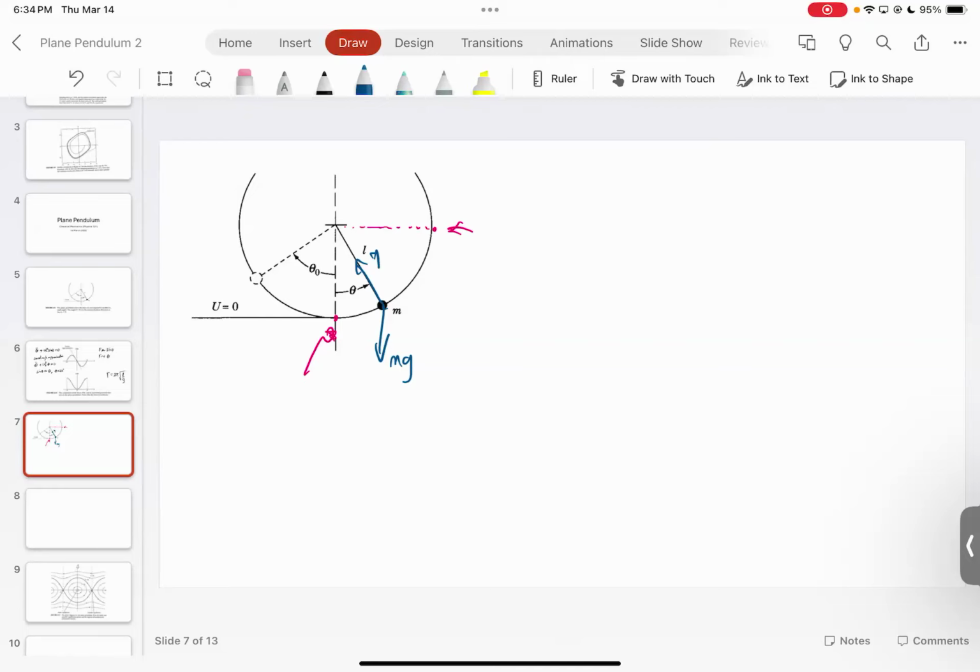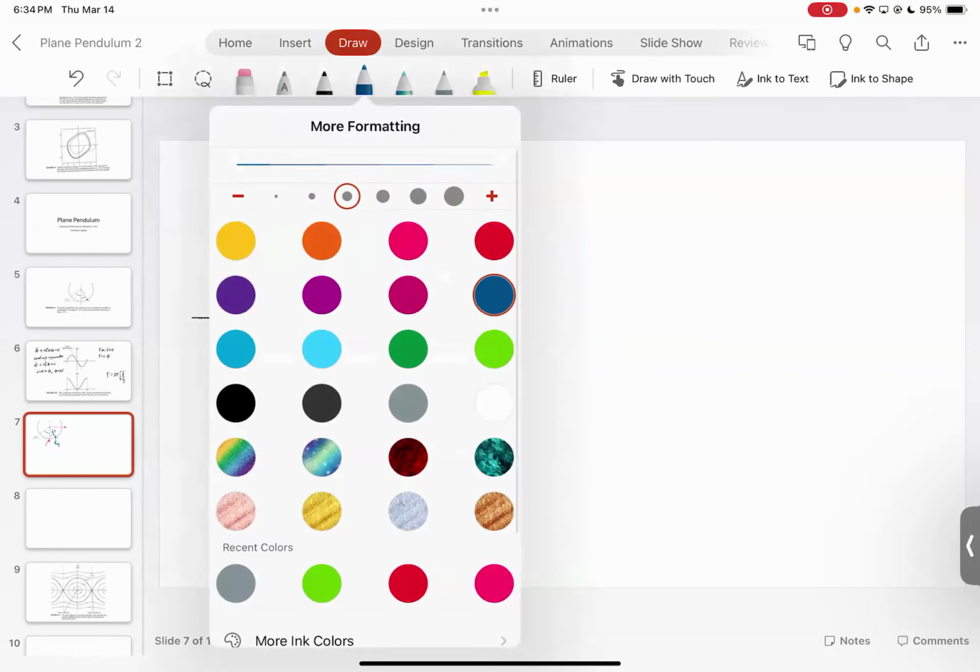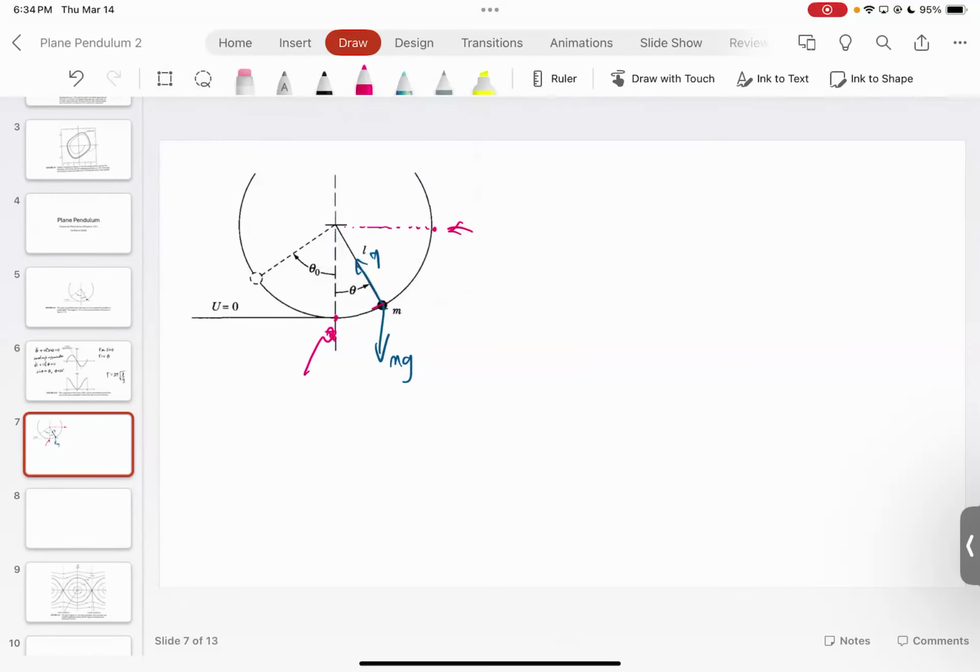Hindi, dahil walang component ng direction ng motion niya. Pero syempre at that point ang ginagamit natin na line is tangent, di ba? So sinasabi natin na tangential yung force na yan. Okay? So yan yung force na nagko-cause ng rotation.